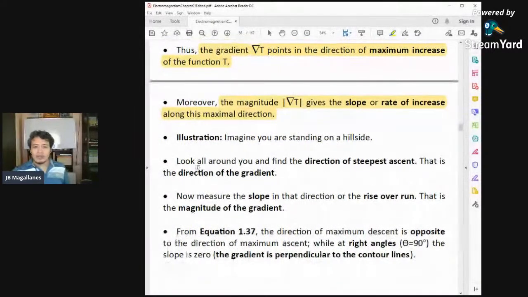So now imagine yourself standing on a hillside. Then you look all around you. If you find the direction of the steepest ascent, going up, that is the direction of the gradient.